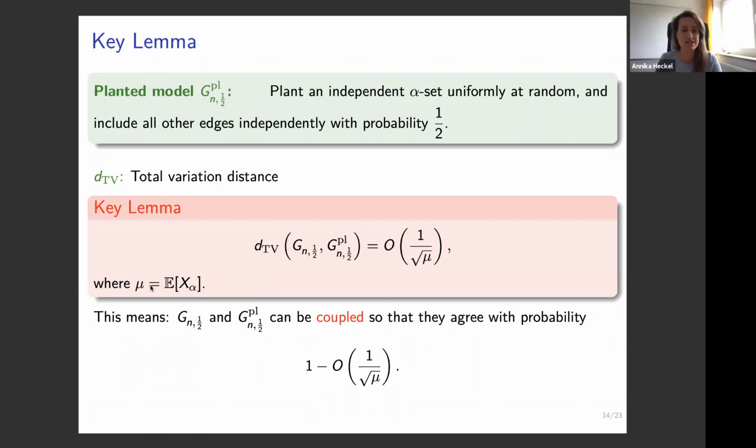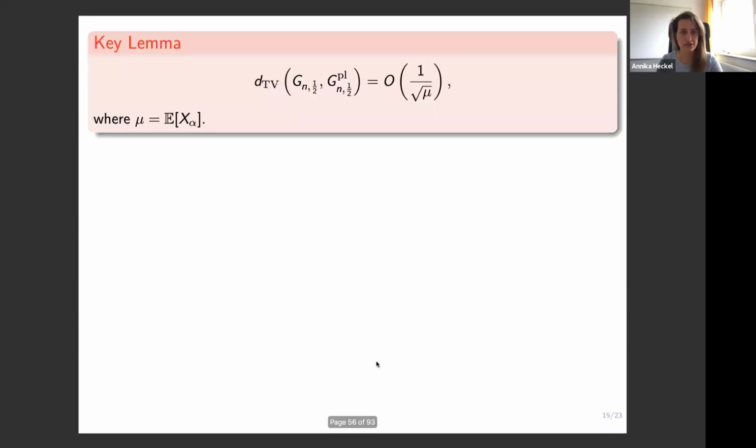But what this means is that we can couple G(n,1/2) and the planted model so that they are exactly the same with probability at least 1 minus order 1 over root mu. Okay, and actually the proof of this key lemma is quite short. It fits on this slide.